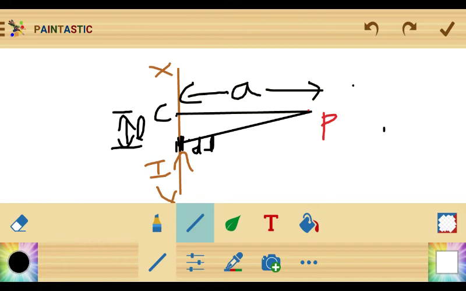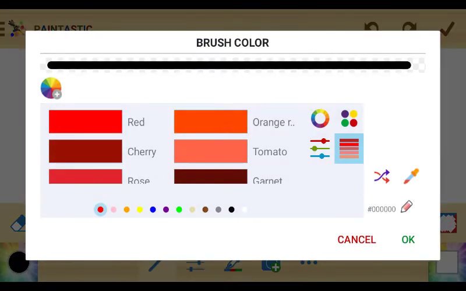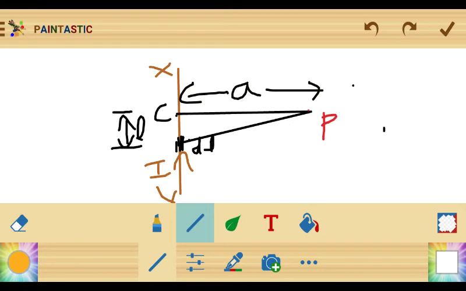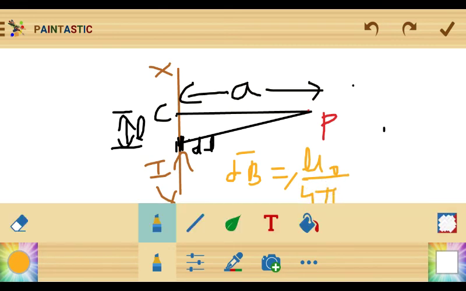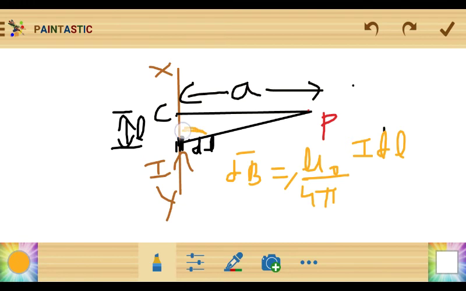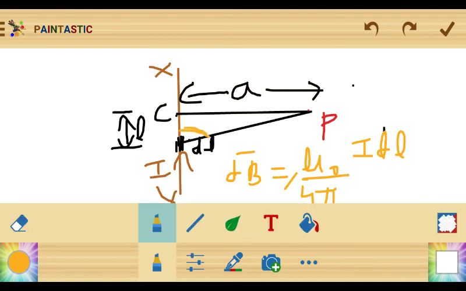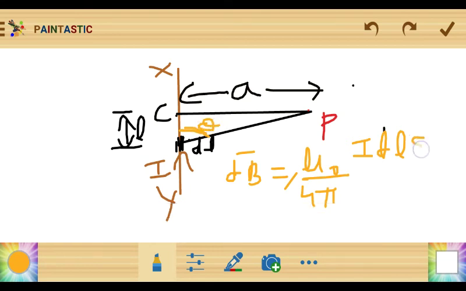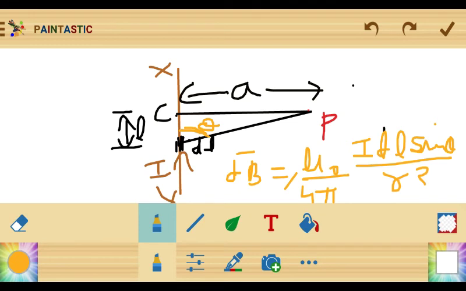From the Biot-Savart law, we simply say the strength of the magnetic field at point P due to this element, dB, is equal to mu 0 upon 4 pi, I dl sine theta upon r square, where theta is the angle between the conductor and the line to P, and r is the length from P to this current element.